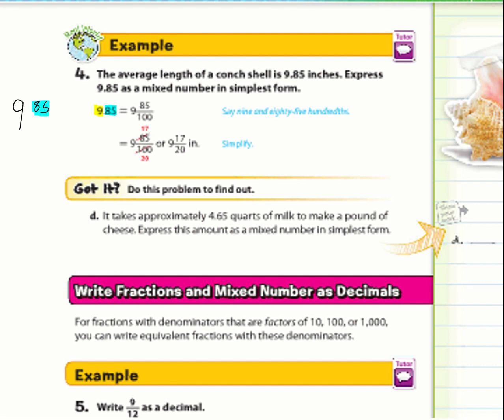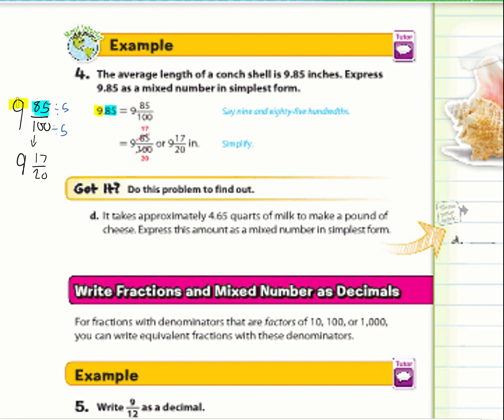And since this is hundredths, I'm going to have 100 as my denominator. So I can simplify my 85/100. Both of them can divide by 5. So that's going to be 17/20. So my final answer is 9 17/20.